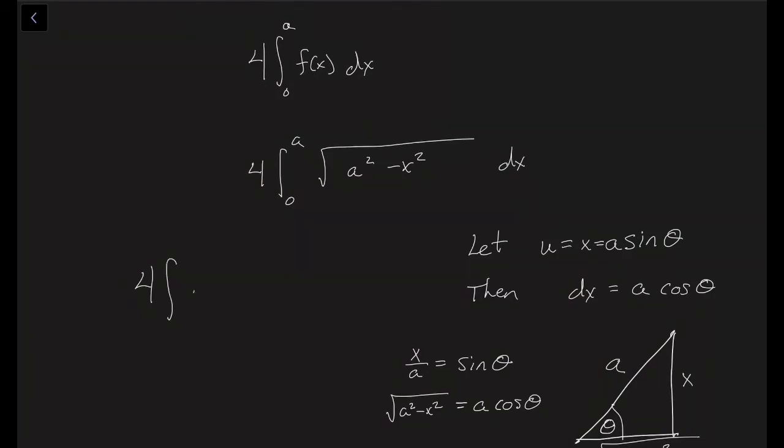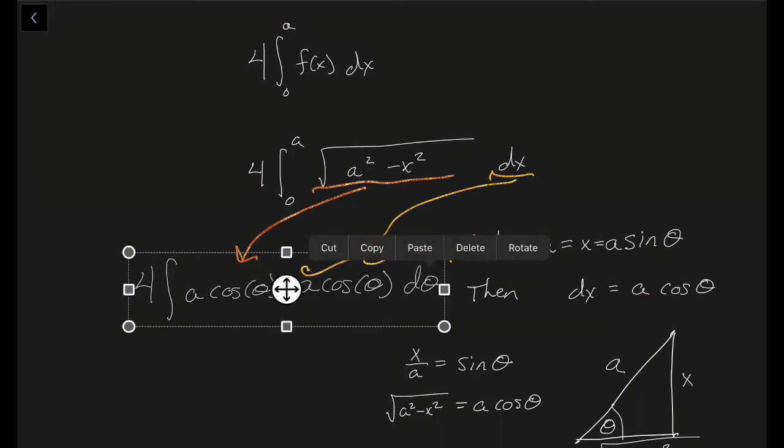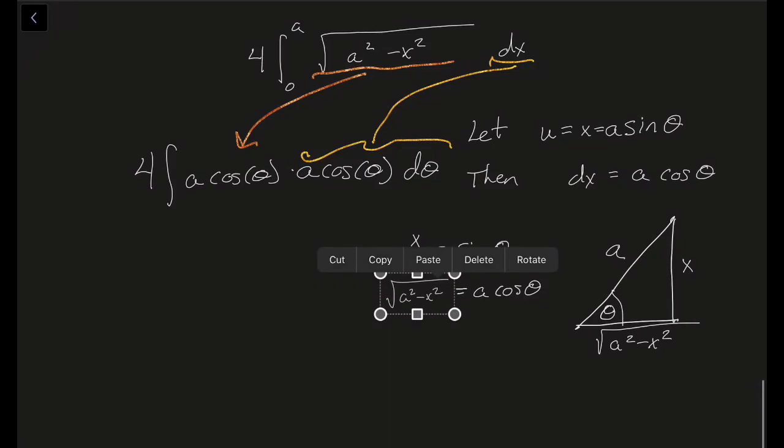So replacing it in here, we get a cosine theta times a cosine theta, where a squared minus x squared goes to the first one, and dx goes to this guy, d theta. Okay, so now let's just go ahead and paste it down so we can actually work with it.